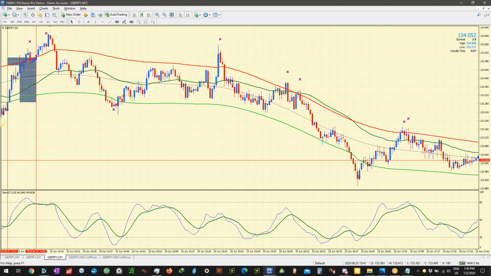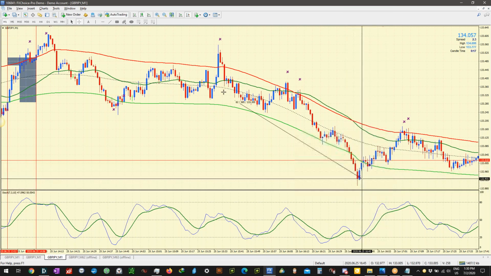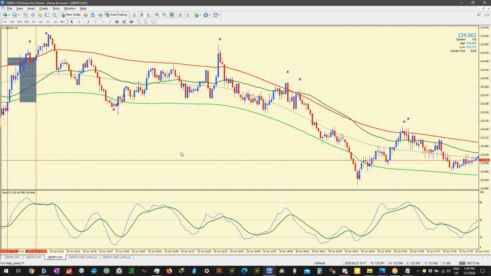So instead of continuing up, the buyers cannot take the price higher, and it drops, and it becomes like a 56 pip move that you can take in a higher than 1 minute time frame. You can take that trade in a higher than 1 minute time frame.